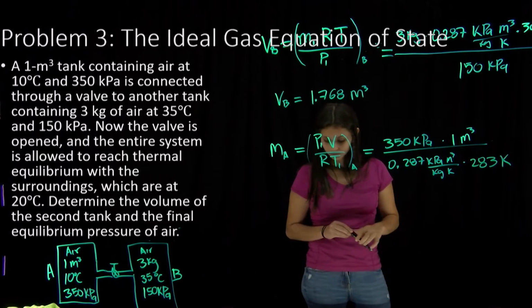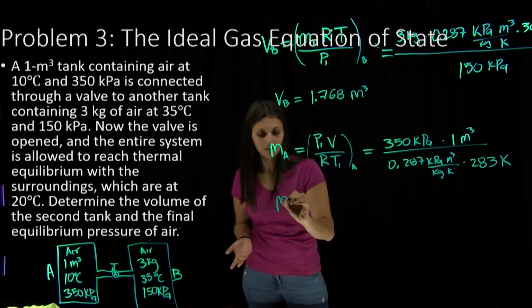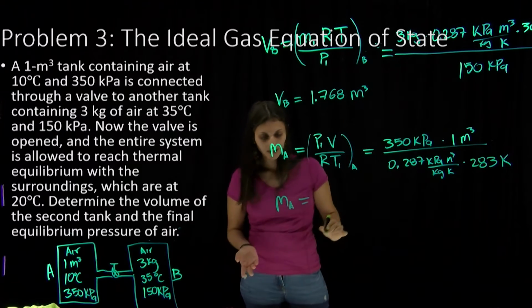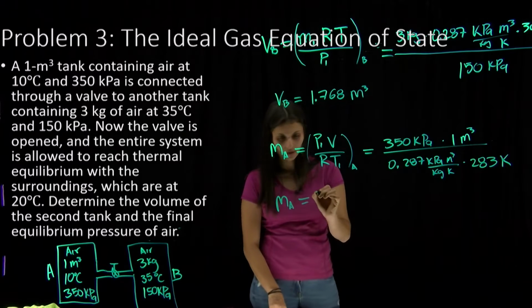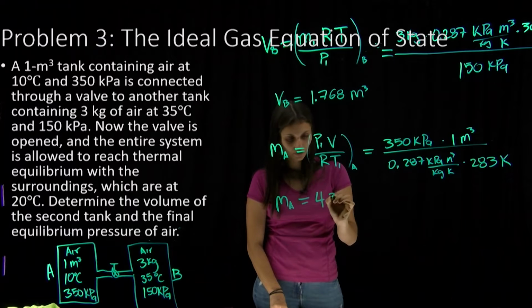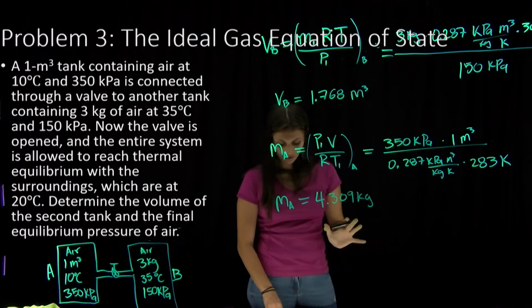And if you solve for this, the mass of air in the tank turned out to be 4.309 kilograms of air.